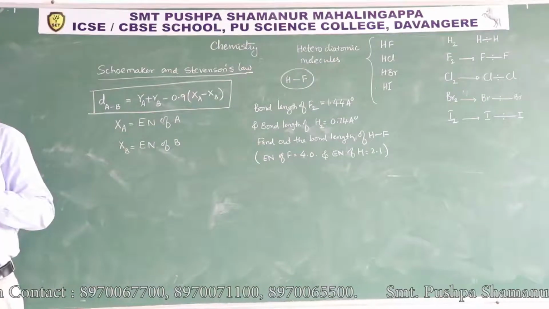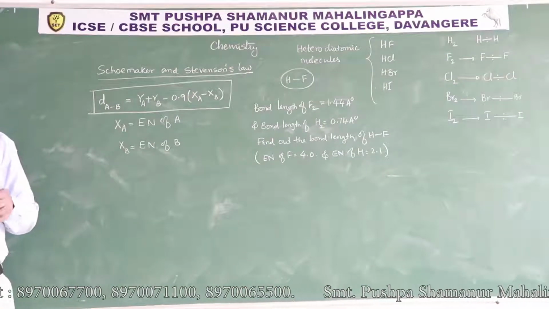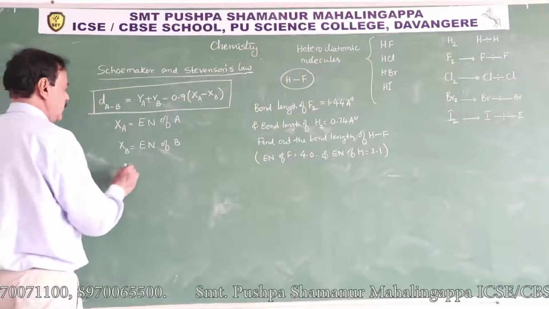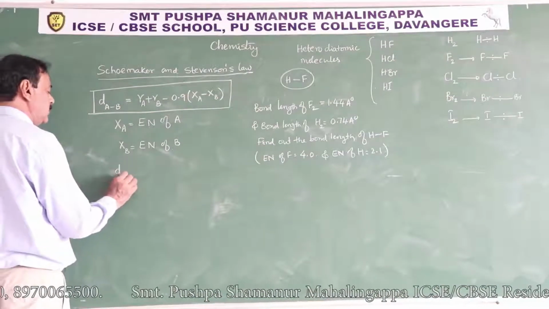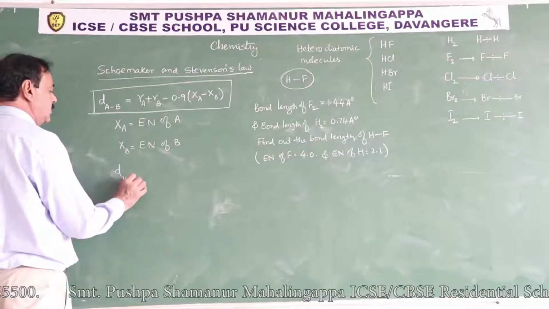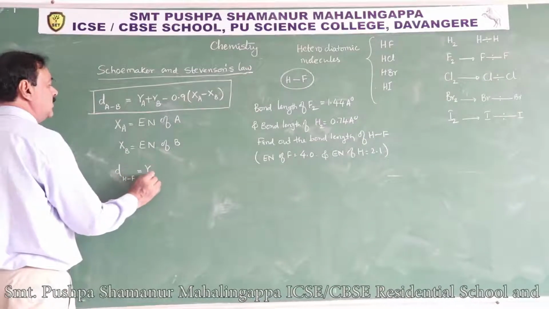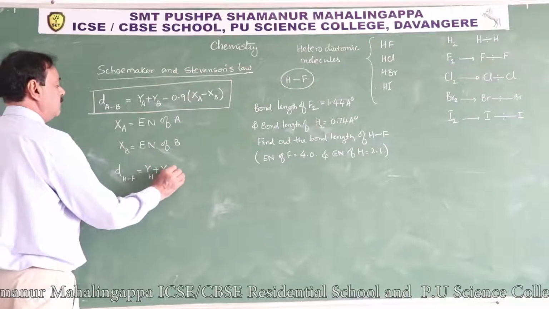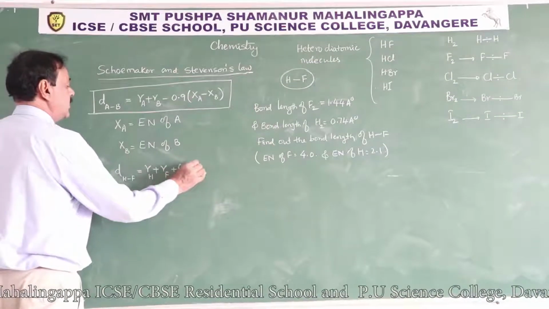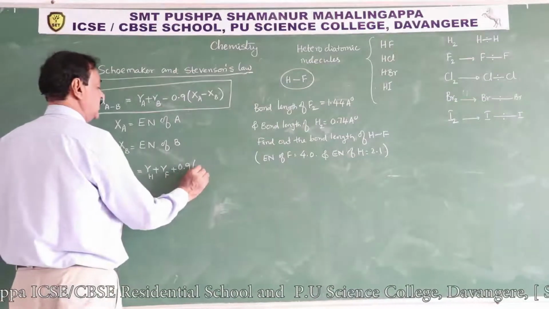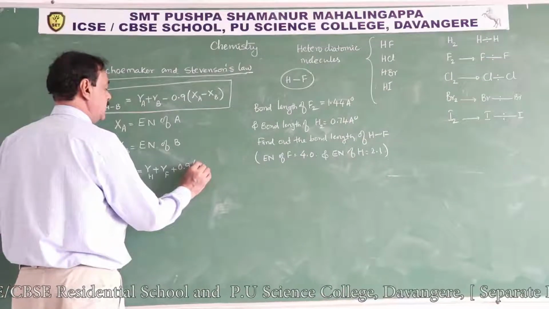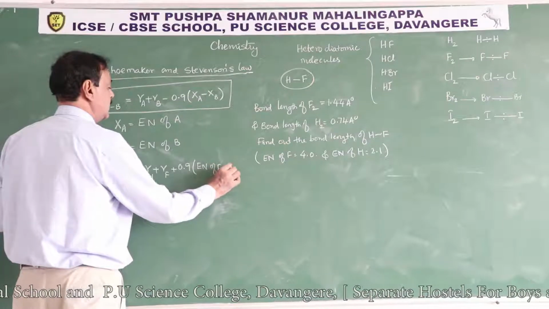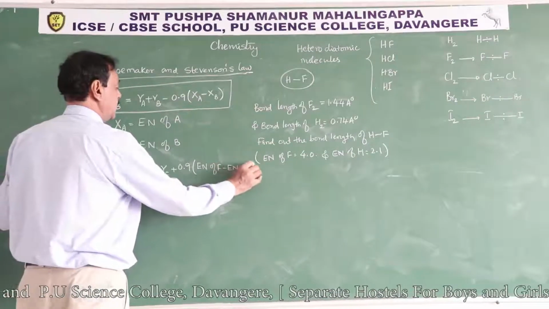Now the distance between hydrogen and fluorine is given by R of hydrogen plus R of fluorine plus 0.9 into, whereas the electronegativity of fluorine minus electronegativity of hydrogen.